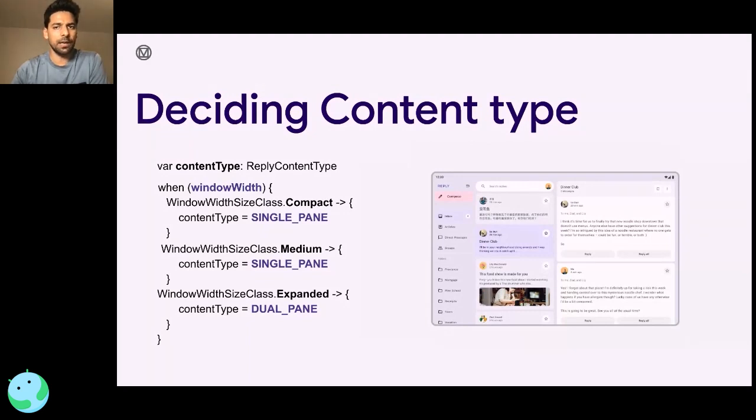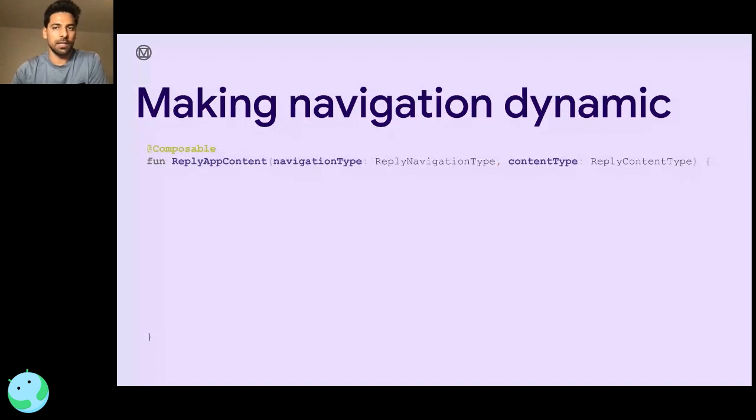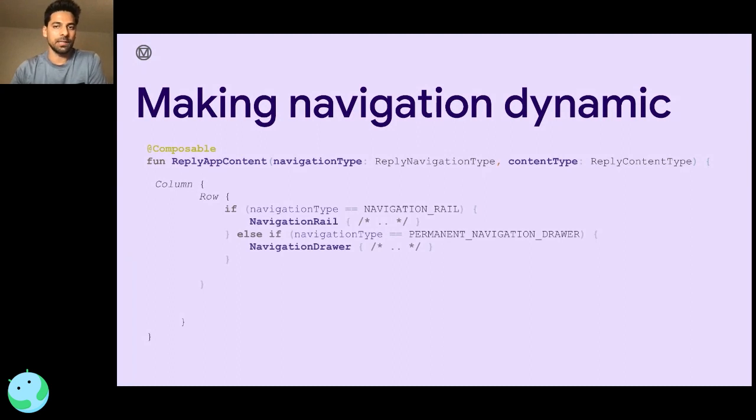To make our app dynamic in a few simple steps, we can first decide the navigation type of our app. Taking advantage of Compose's declarative structure, we can write that if the navigation type is rail or drawer, we place either of them in a row. Then, if our navigation is bottom navigation, we place it at the bottom of the column, and we add our body in the correct placement.